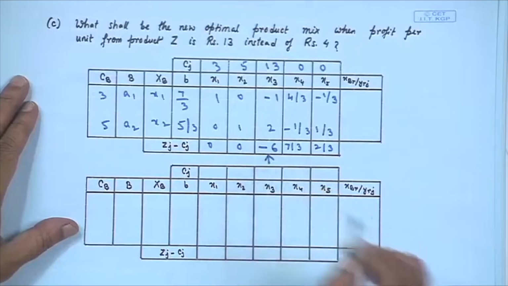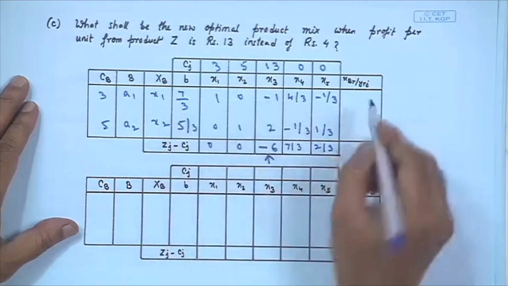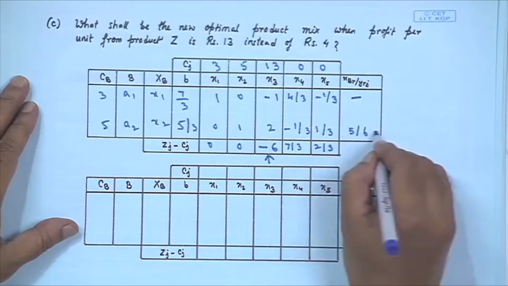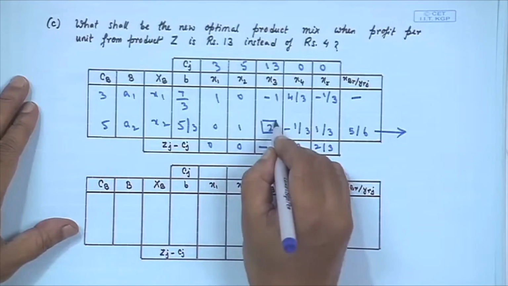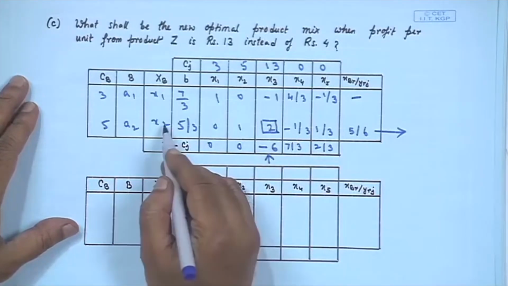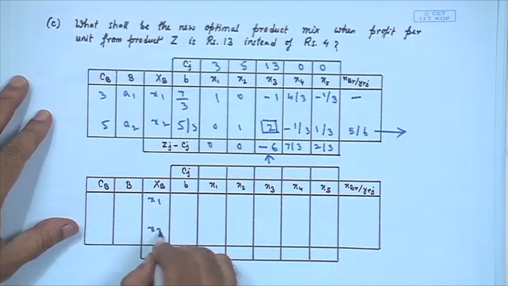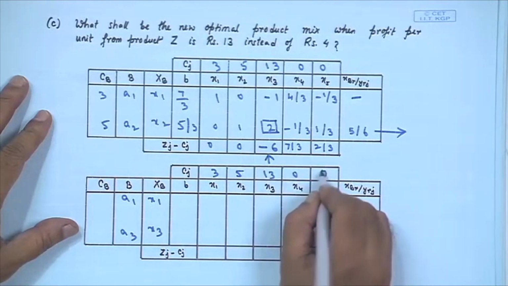So, your entering vector will be this one. Now calculate the ratio, this is negative, we will not calculate, this will be 5 by 6. So, the outgoing vector is a2. Therefore, this is the pivot element. So, now x2 will be replaced by x3. So, x1 x3 a1 a2, 3 5 13 0 0.